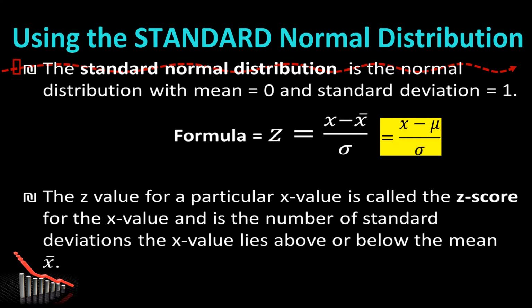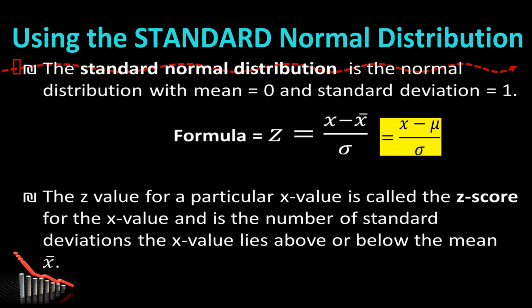Now the formula to get your z-score is the data item you're interested in, which is the x, minus the mean, which is the x bar. But now that we're talking about population, we often use the Greek letter mu.